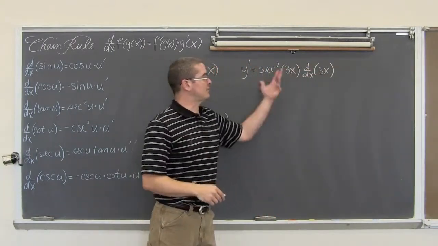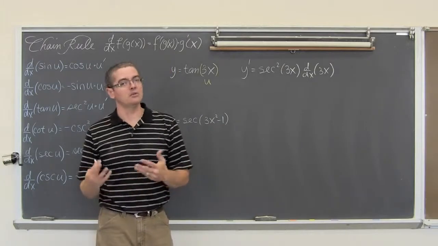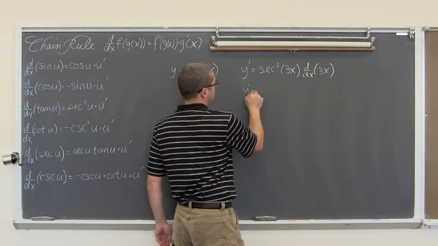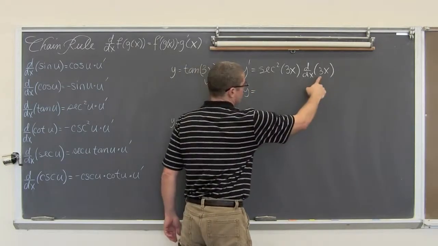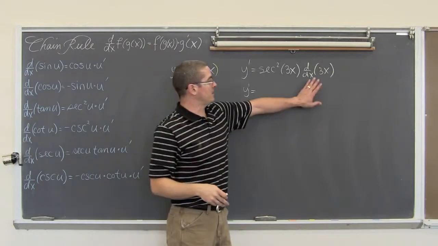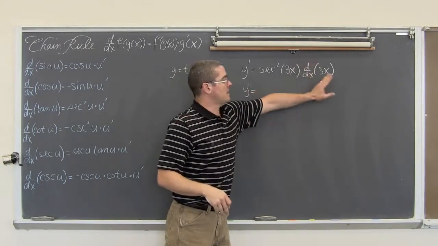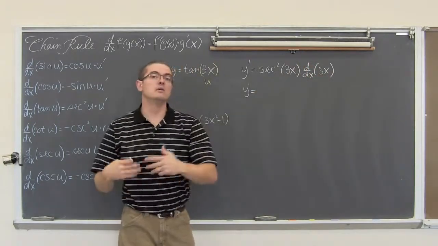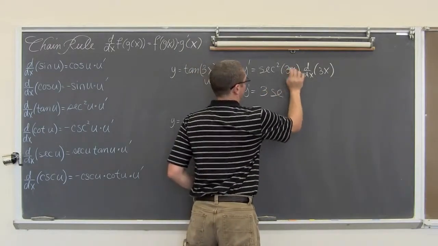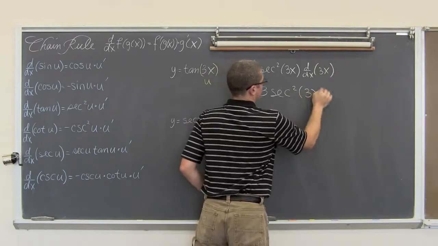A lot of you will just say the derivative of 3x is equal to 3, and you'd be absolutely correct. So y prime is equal to, I'm going to move this out front as a coefficient, because that's what we're going to get. The derivative with respect to x of 3x is equal to 3. So we have 3 secant squared of 3x.